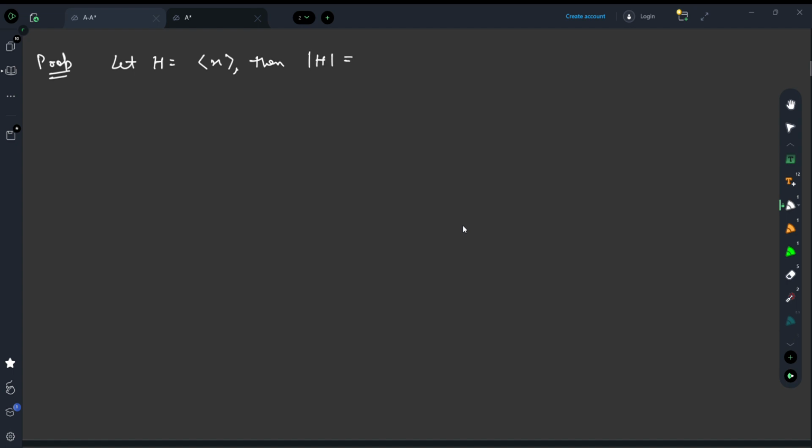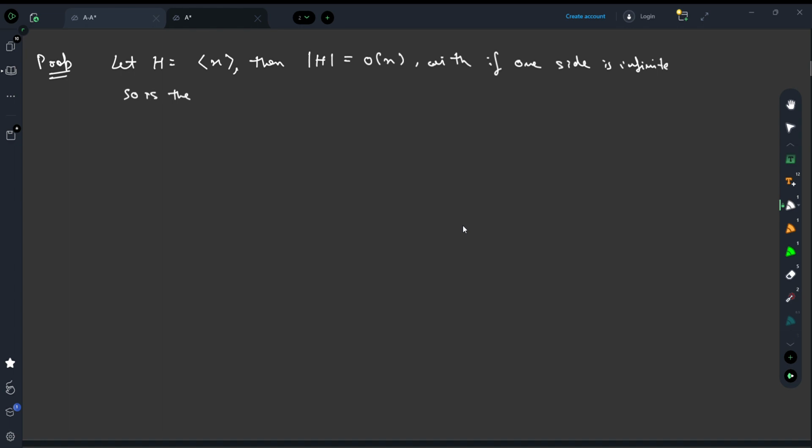Then the cardinality of H, or the order of H, is the same as the order of X. Let me use the standard notation, order of X. If one side is infinite, so is the other.